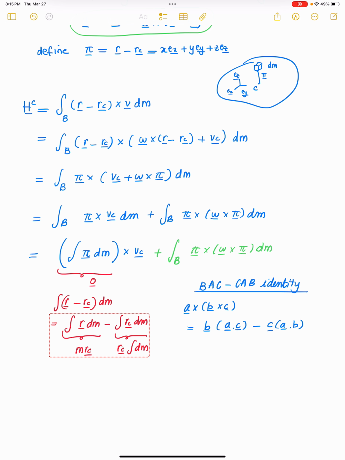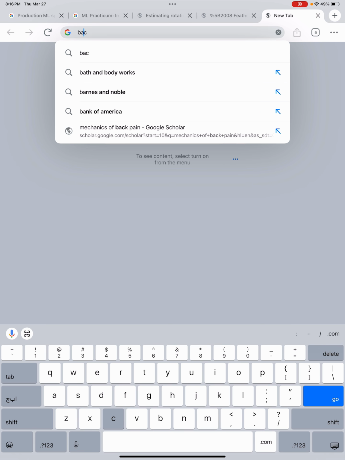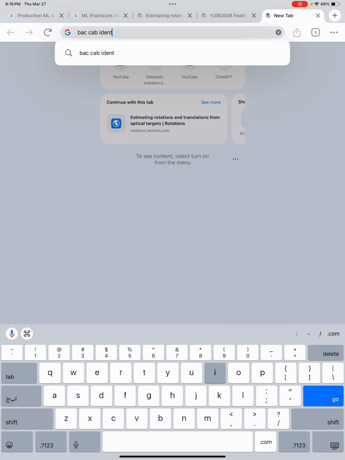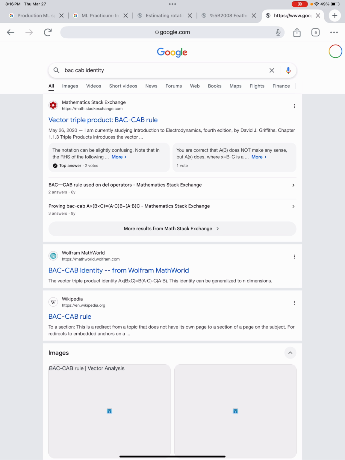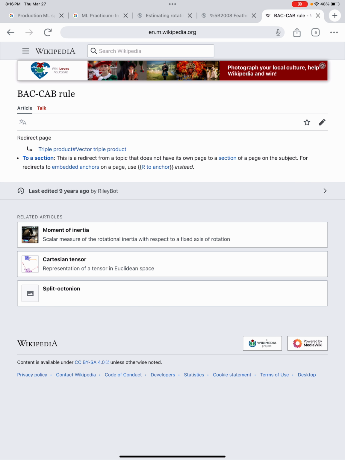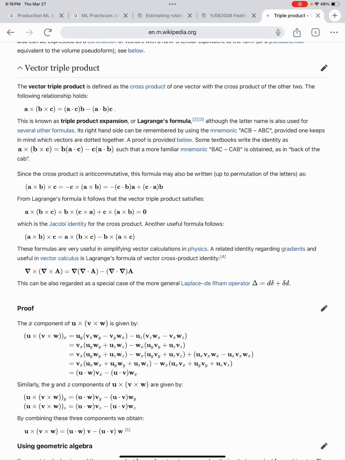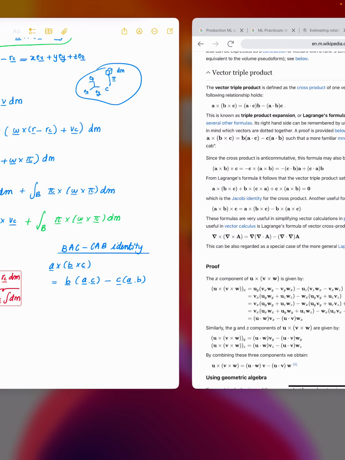Let me double check if I got this right. Okay. I should have opened Wikipedia. Okay, this says the A cross B cross C is B times A dot C minus C times A dot B, which is what I have.